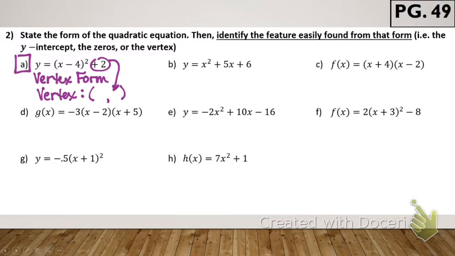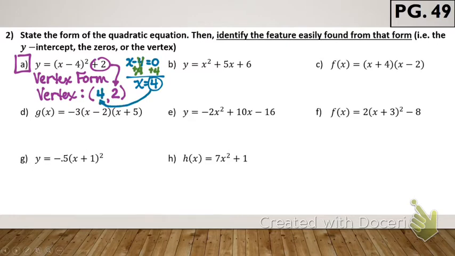How do I find the first number, the first part of my ordered pair? I'm going to do x minus 4 and set it equal to 0, so then I would need to add 4 to both sides. So x equals 4. I'm going to grab the number and pop it in right here.